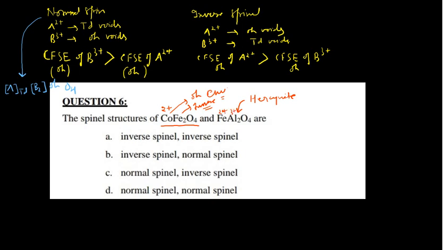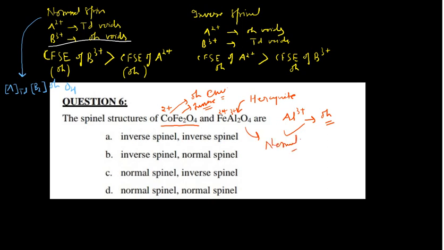In the last lecture I told you that Al3 positive has a special affinity for the octahedral site. So the tri-positive ion is going into the octahedral site, so it should be a normal spinel. So this hercynite is a normal spinel.